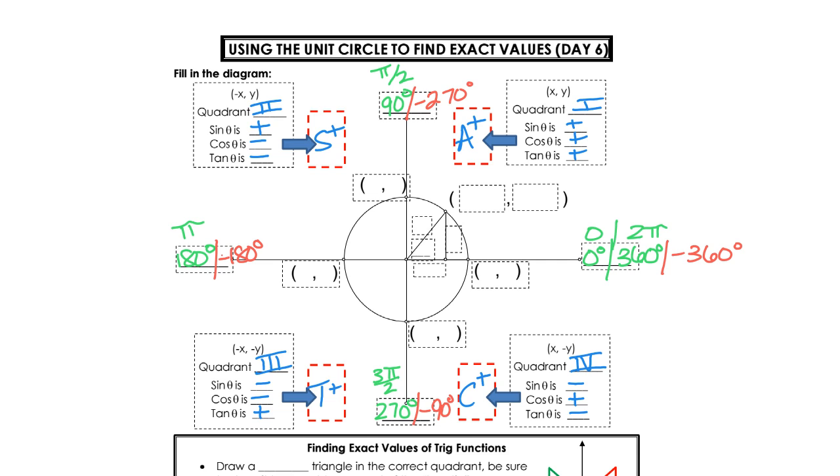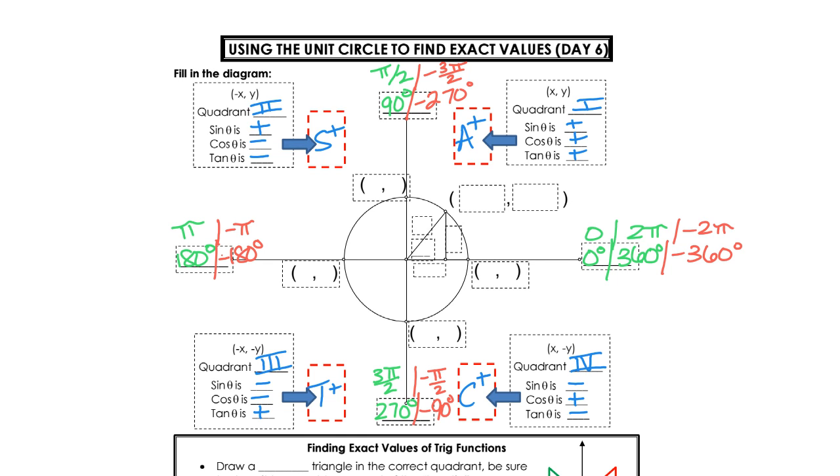Filling in the negatives, negative 180 degrees would be negative pi radians. Down here, we'll go negative pi over 2 radians for negative 90, and up here, negative 3 pi over 2 radians for negative 270, and negative 2 pi radians for negative 360.